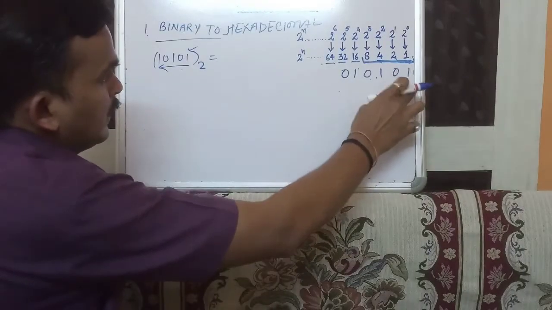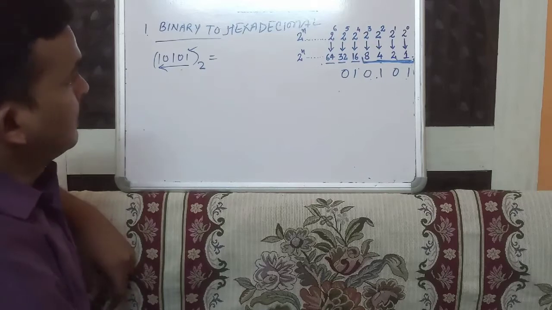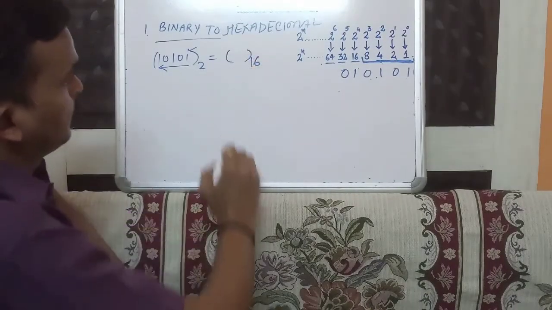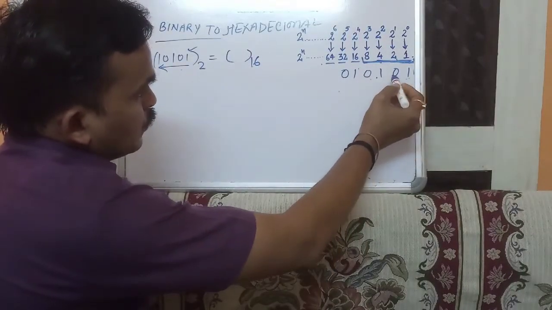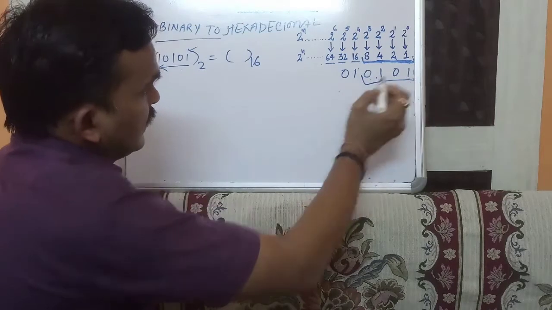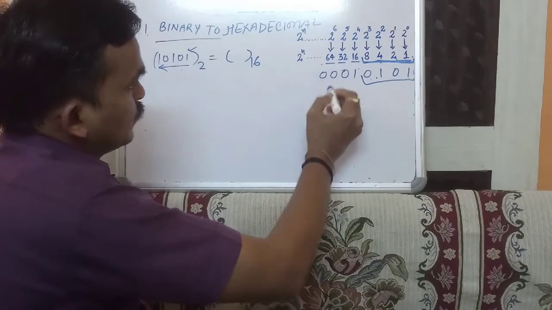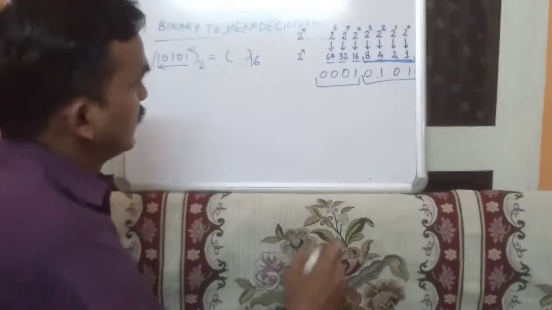In octal we make a 3-bit combination. In hexadecimal we use a 4-bit combination because hexadecimal has the base of 16. So from the right, 1 2 3 4, this is one combination. The remaining value will be added with zeros. So this is again a second pattern of 4 bits.